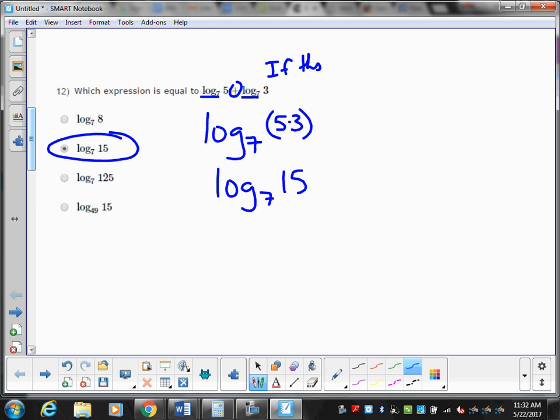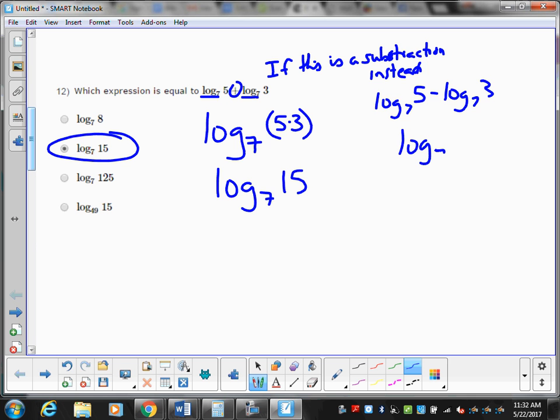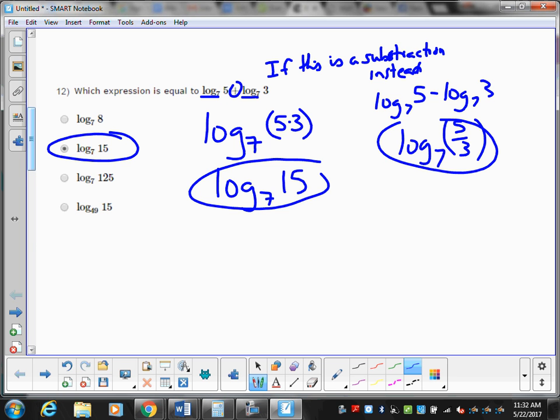If this is a subtraction step, so it's a log base 7 of 5 minus log base 7, you divide 5 by 3. Okay. So instead of multiplying, you divide. That would be your answer. But this is our answer for this one.